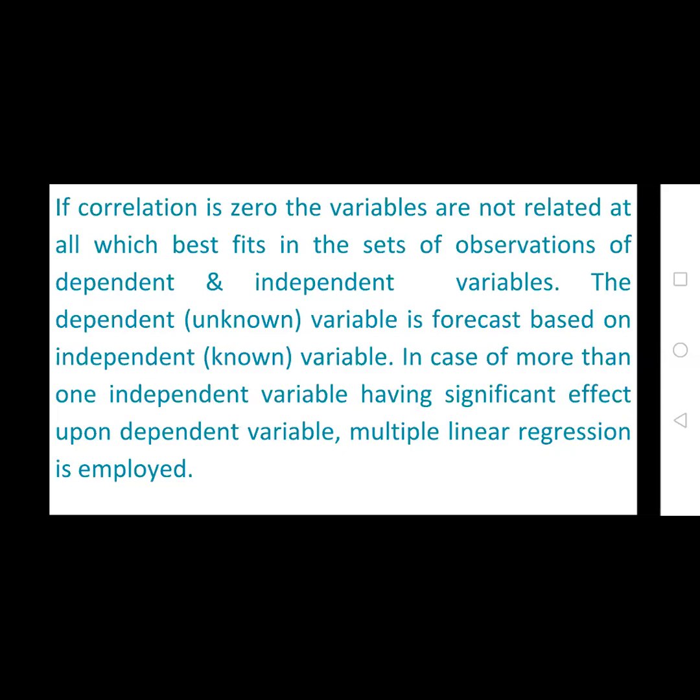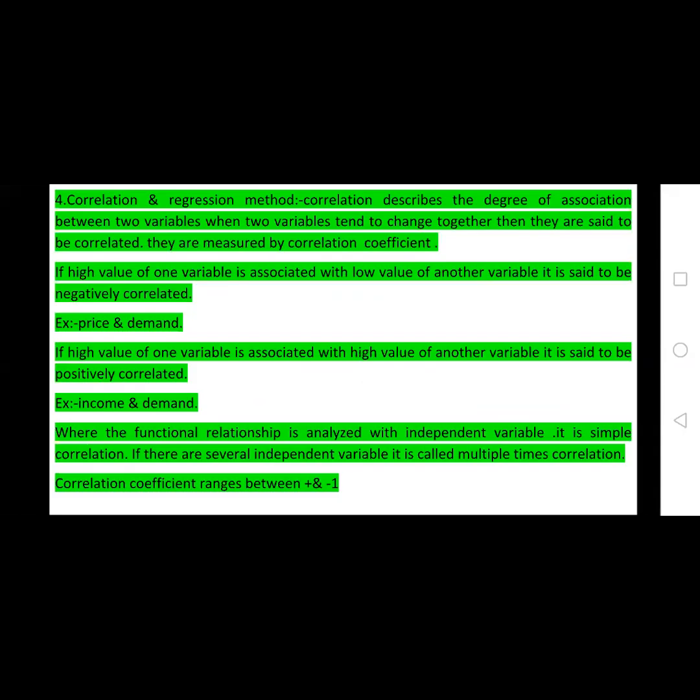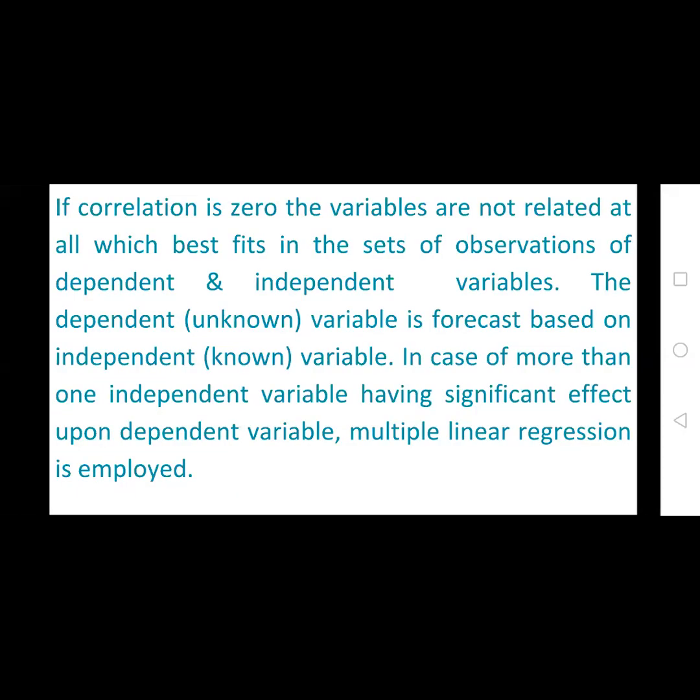In case of more than one independent variable having a significant effect on the dependent variable, multiple linear regression is employed. So this is the correlation and regression method.